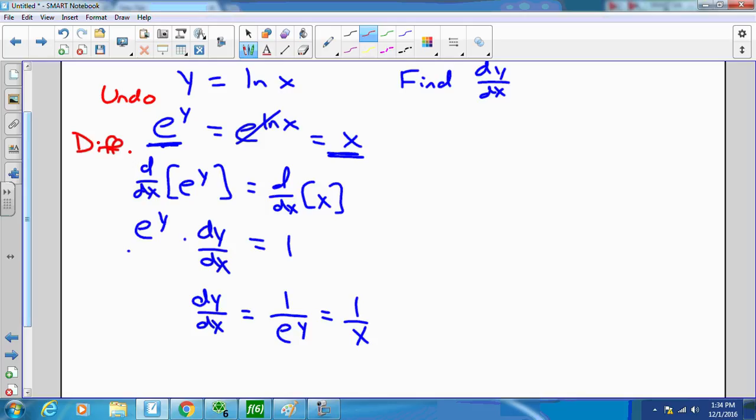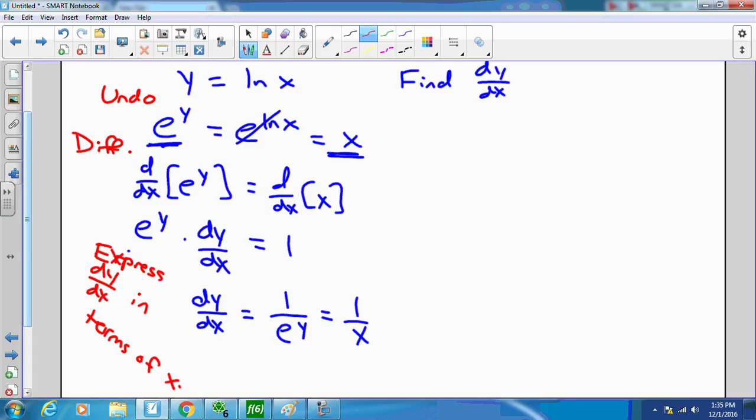Then we did the differentiation with respect to x. And then we expressed that in terms of x. In other words, 1 over e to the y is a true answer, but it's not generally very helpful to us. If I replace e to the y with what it is, which is x, then I get a much more helpful derivative. Does that make sense?